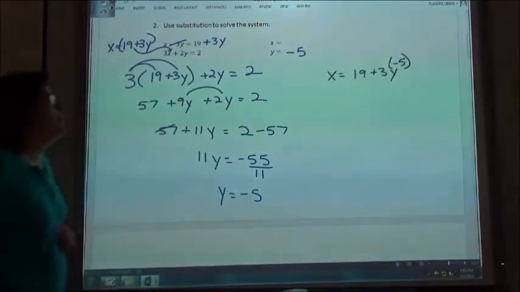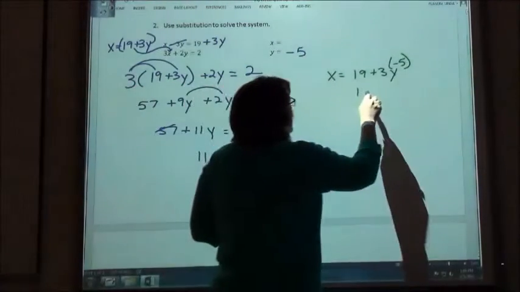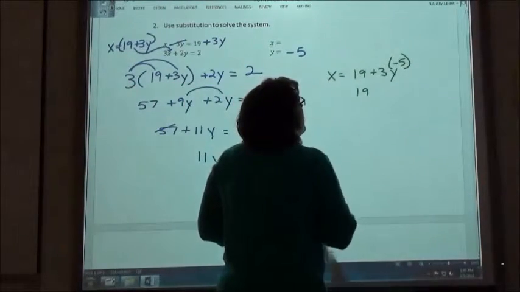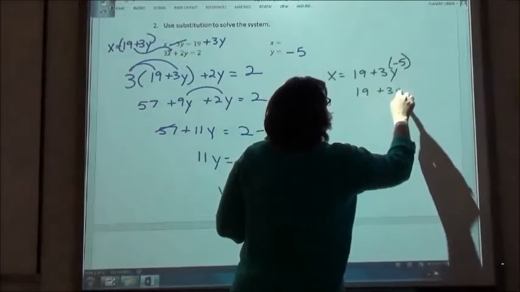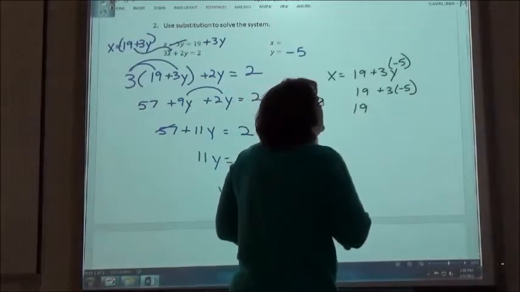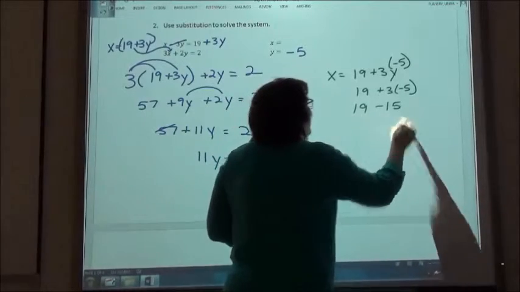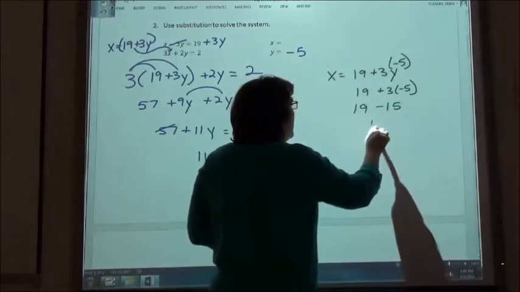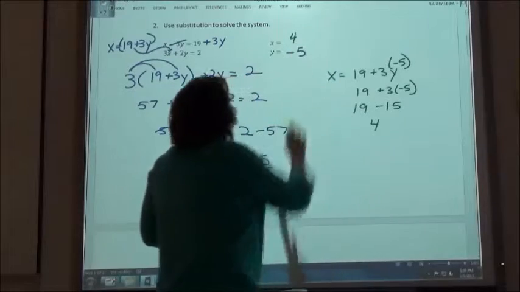Yep. So we go 19 plus 3 times negative 5. And then if we simplify that, 19 minus 15 is 4.